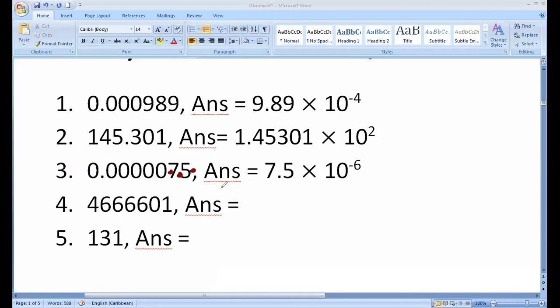Between the 5 and the 7. Why do you put the point between the 5 and the 7? The 7 is less than 10 and more than 1. Because it's not 7, it's 7.5, so the 7.5 is more than 1 and less than 10.